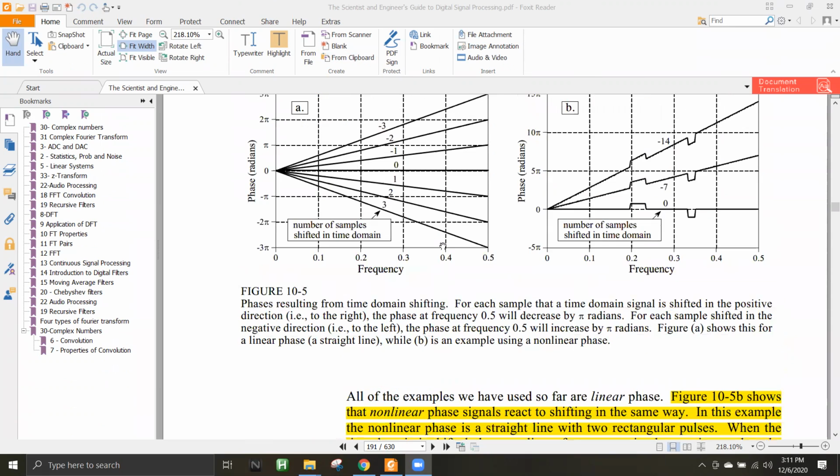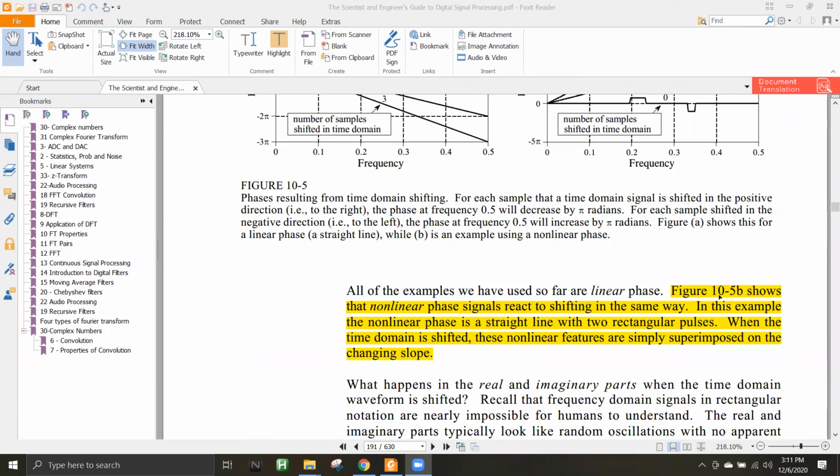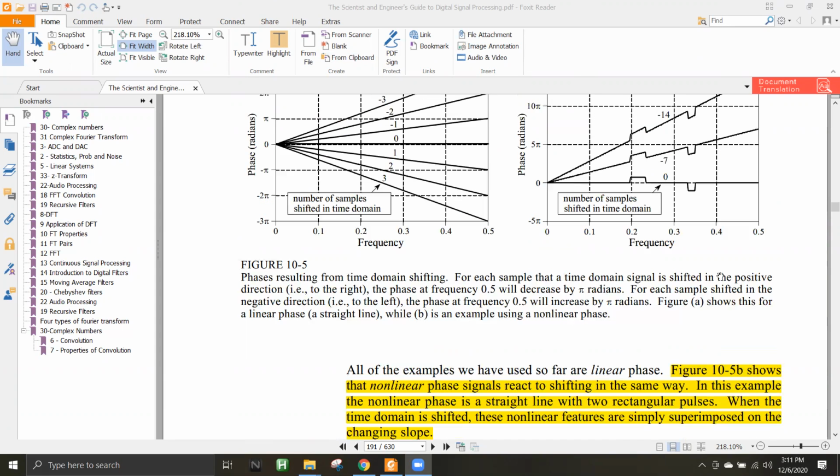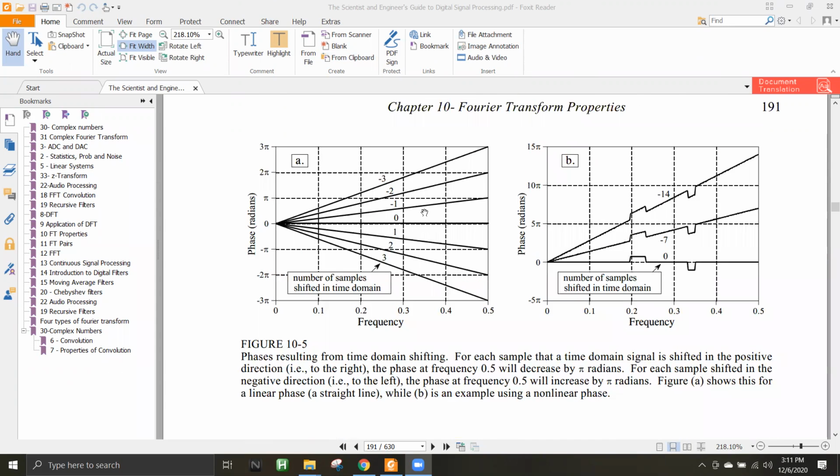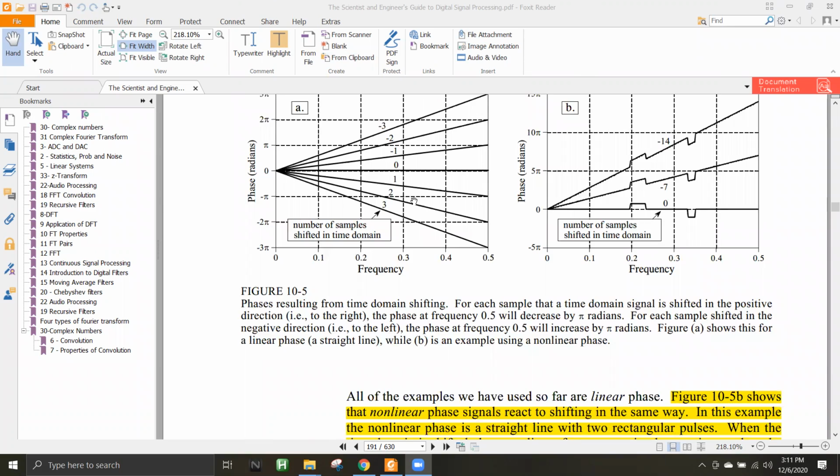Okay, so now we come to this example where figure 10.5b shows a linear phase of different signals. For the zero phase line, you can think of the corresponding time domain signal as being symmetrical around sample zero.